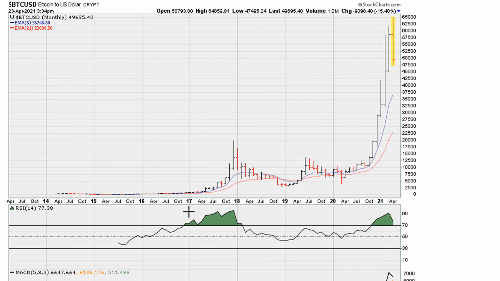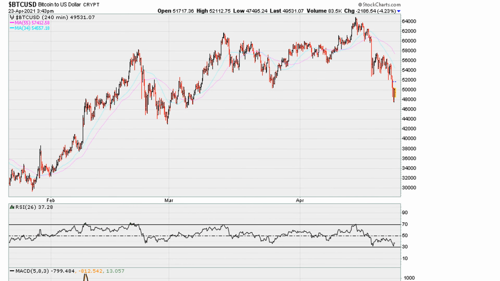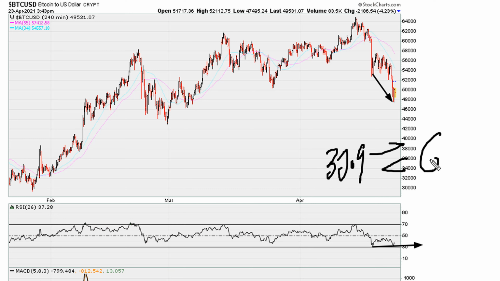The series was about negative divergence, and since it was about divergence, let me end with the 4-hourly for Bitcoin. Again, almost irrelevant in a sense because this is just small time frames, but let's say you trade a small time frame. We made lower lows, but your RSI is stabilizing above 30.9, which is the exact opposite value of 69.1.